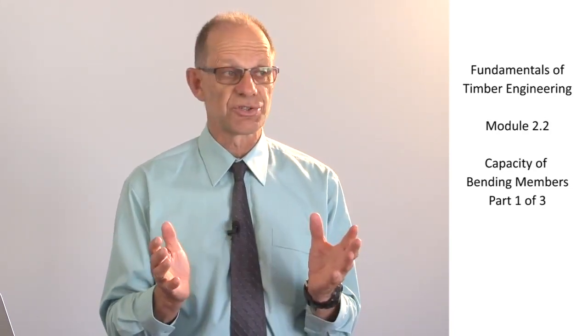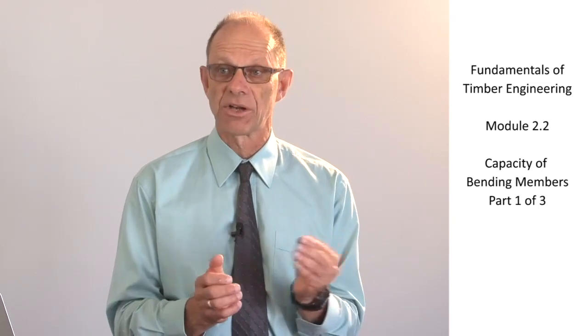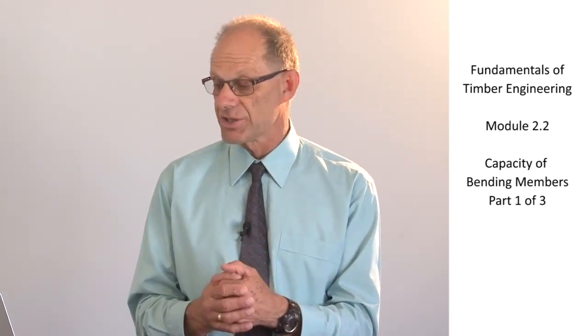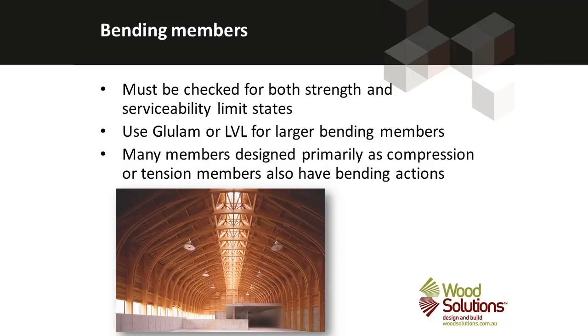We're going to have to use an engineered wood product, something like glulam or LVL, to span very long members. And often, bending members will also have some compression and tension forces that they have to resist under some load combinations. So they may have to resist combined actions, but they are going to have to establish their bending capacity in order to check their combined actions.